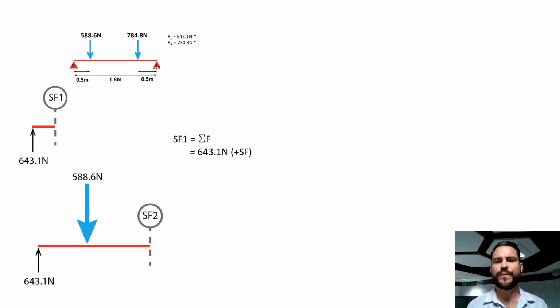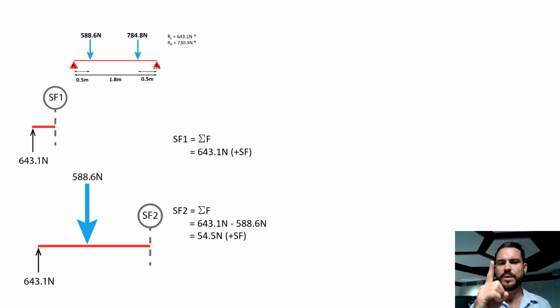So again, shear force 2 is going to be the sum of forces. We've got a force going up in the positive, we've got a force going down in the negative, so we just take those two away, and that leaves us with 54.5 newtons, and again, that is a positive force going up. Positive answer means it's pushing up.